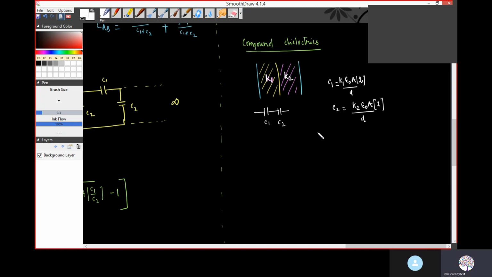Just substitute here in the formula. C is equal to C1 C2 by C1 plus C2.